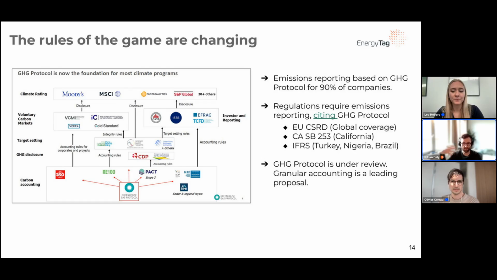The Greenhouse Gas Protocol is under review, as I mentioned, a 2-year process. So I'm part of the technical working group that's updating the Scope 2 or electricity emissions guidance. And this topic of granularity is really front and center to that whole discussion, and is one of the leading proposals in the update process.